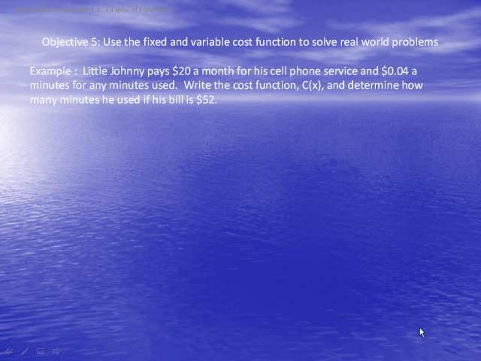So in order to write the cost function for this, which will be C of x, we're going to have a variable cost of 4 cents times the number of minutes, plus we have a one-time each month charge of $20. So notice that this is the one-time charge and this is the variable charge. And this one depends on how many minutes are used.